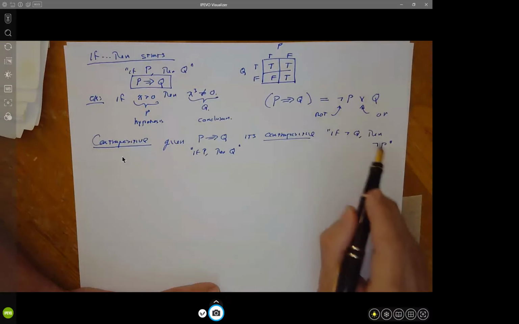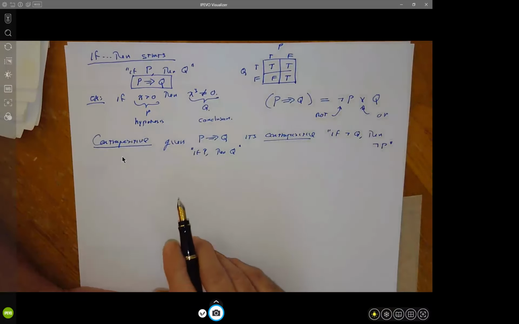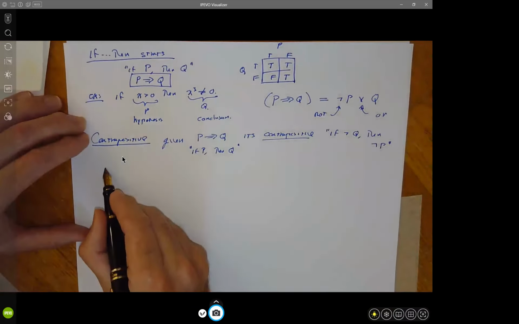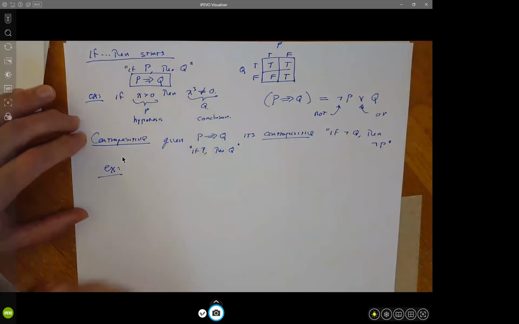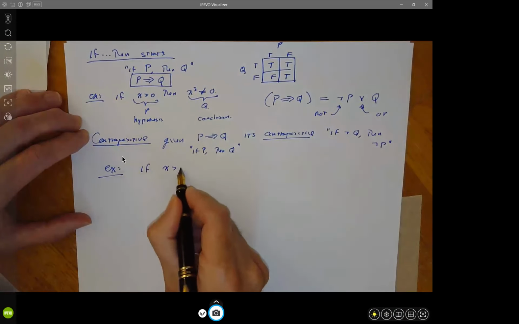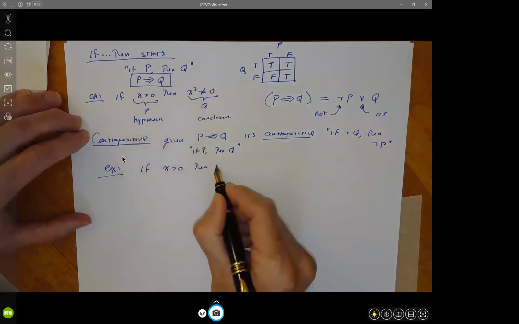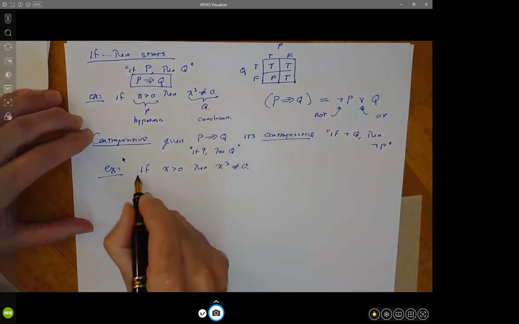So if not Q, then not P means if Q is not true, then P is not true. Let's do an example to clarify this and look at what we had before here. So we're going to start where we were before and say if x is greater than 0, then x cubed is not equal to 0. And this is a good statement.